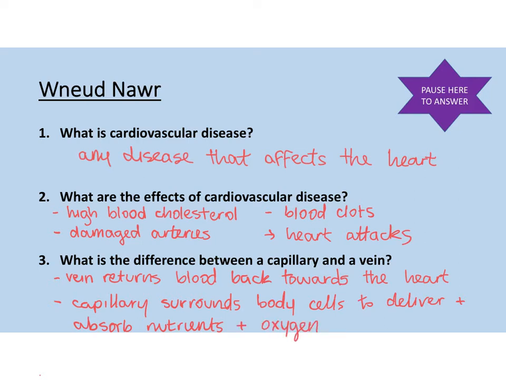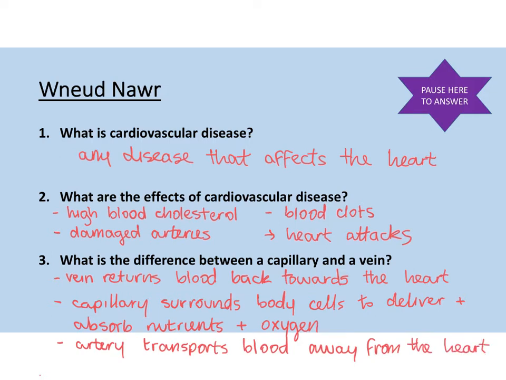Okay, so a vein returns blood back towards the heart, a capillary surrounds body cells and tissues to deliver and absorb nutrients and oxygen, and then just a bonus here, an artery transports blood away from the heart.